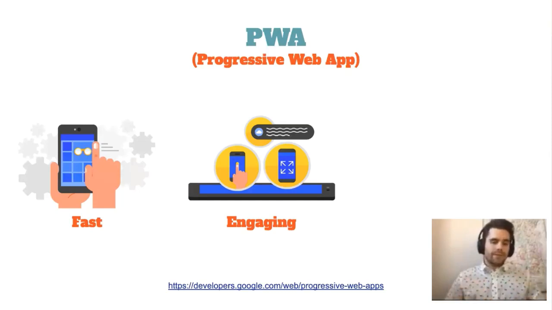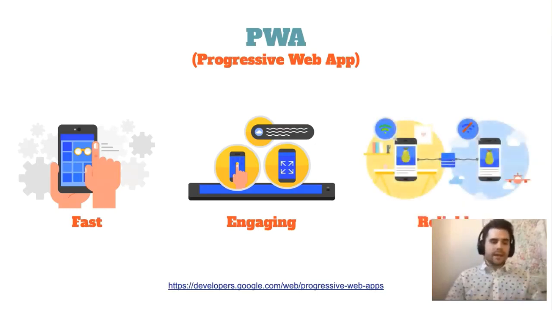Those behaviors elevate user engagement by a great margin, and they are actually quite easy to implement using simple native browser APIs, which we're going to see. And the last characteristic of a progressive web app is reliability.